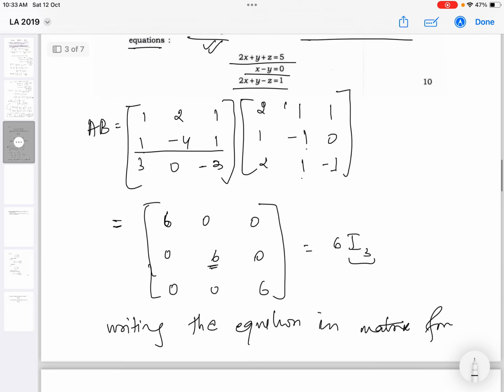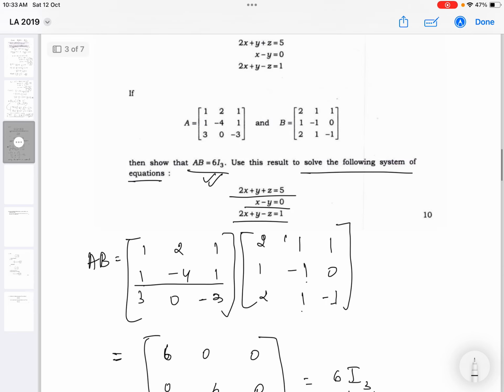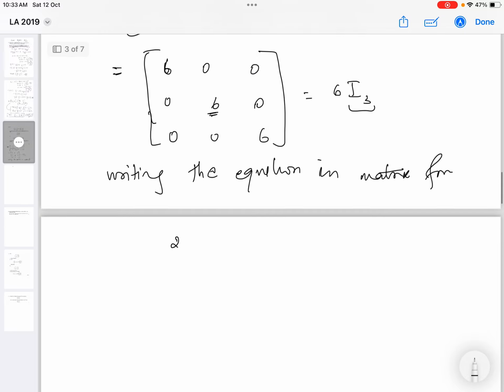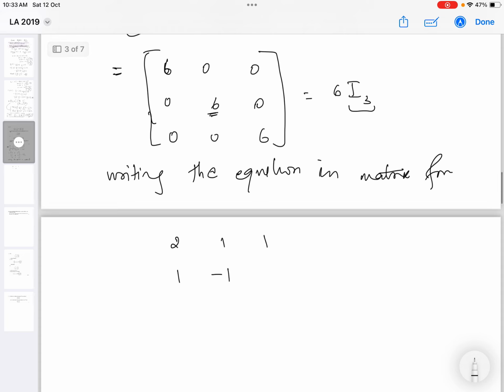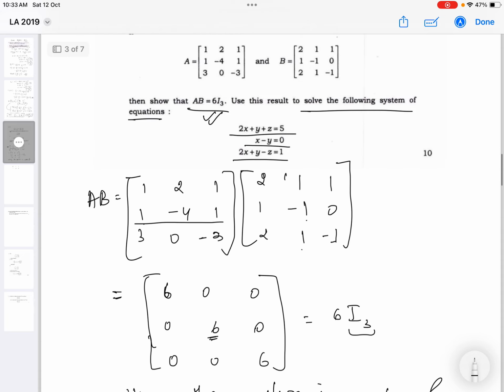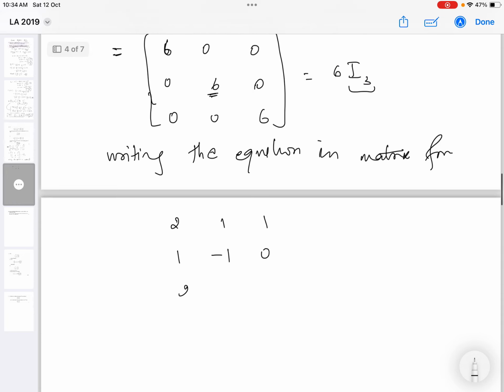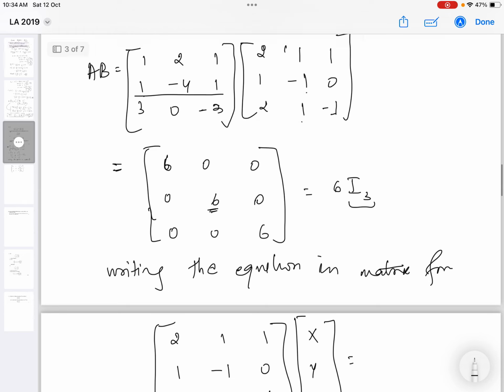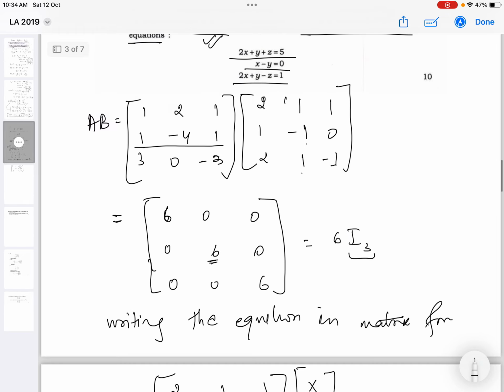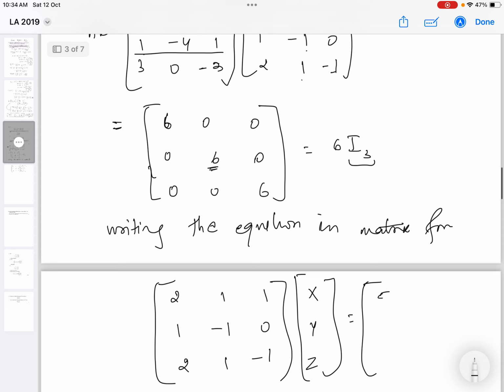So it will come out to be 2 1 1, 2 1 1, 1 minus 1 0, 2 1 minus 1, 2 1 minus 1, times x y z, is nothing but 5 0 1.